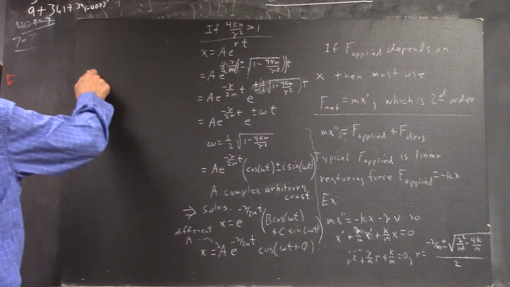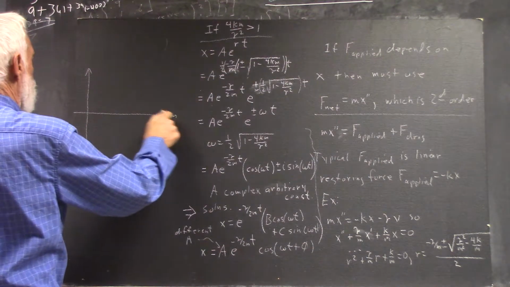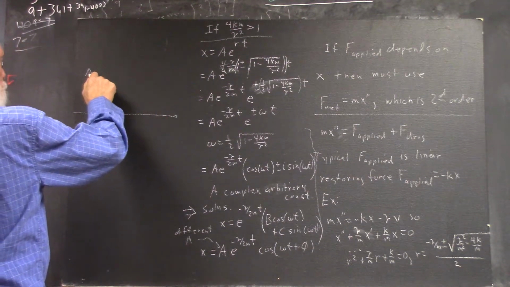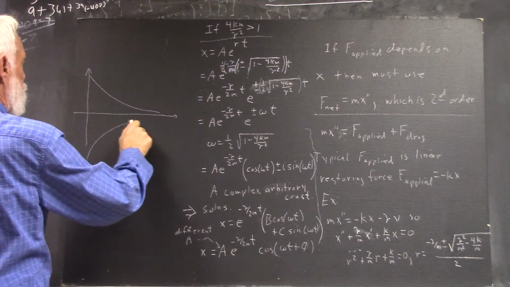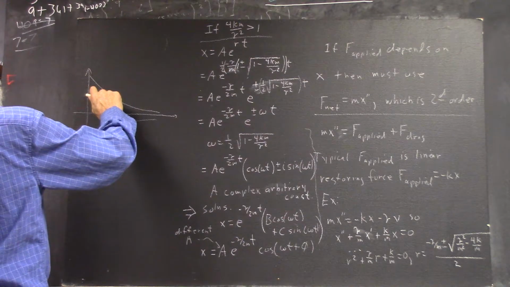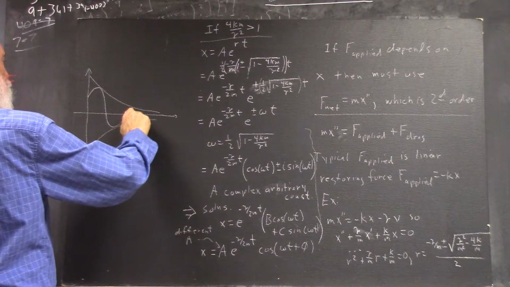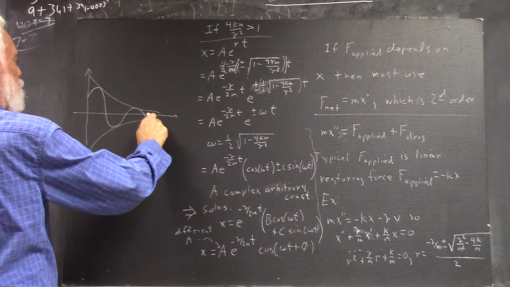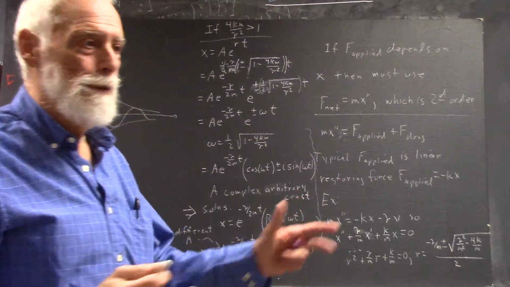So what you have is a product of an exponentially decreasing function and some kind of a cosine function. It starts with some phase. Okay. So it's decreasing in amplitude.